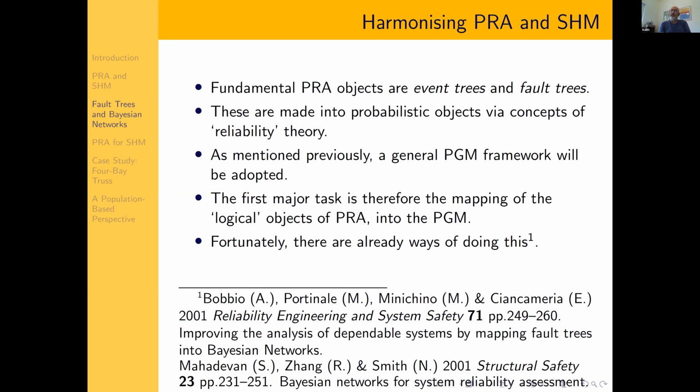And people have been using the machine learning stuff in SHM for 20, 25 years, and probabilistic graphical models are all over the literature. They're not quite the same things that we deal with in probabilistic risk assessment, though.